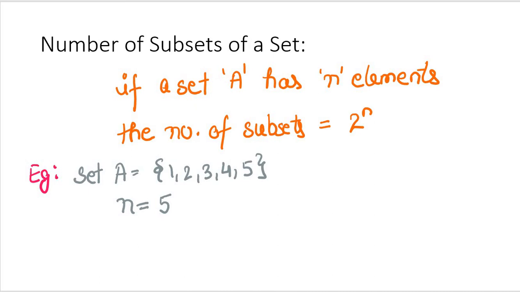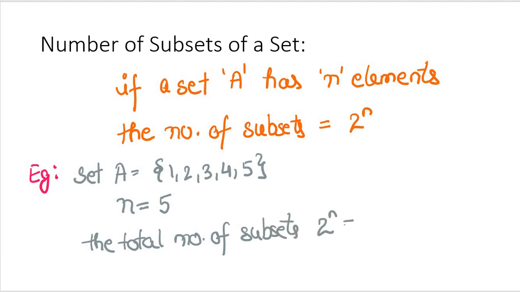So the total number of subsets will be 2 to the power n, which is 2 to the power 5, which gives me a result of 32.